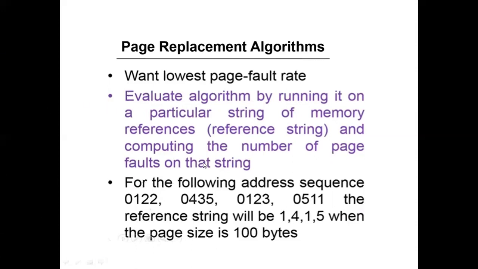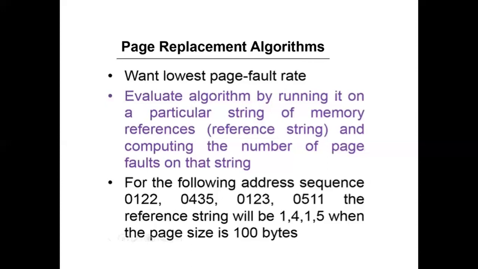Let's say there is some address. Each page size is around 100 bytes. Let's assume each page is 100 bytes. Now I have to analyze how many times that particular page is made a victim.